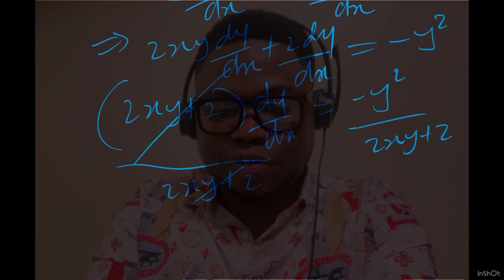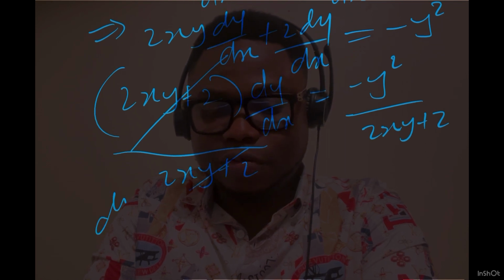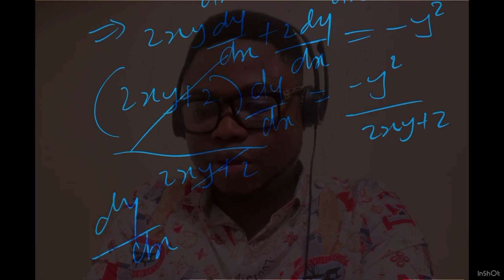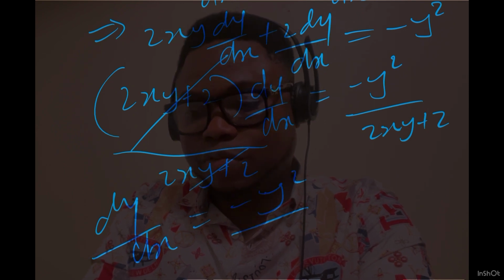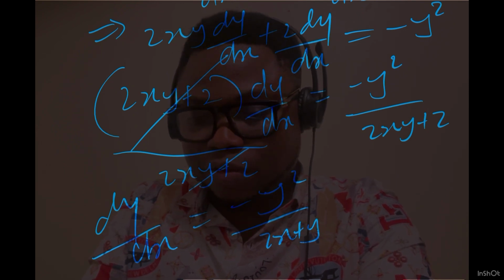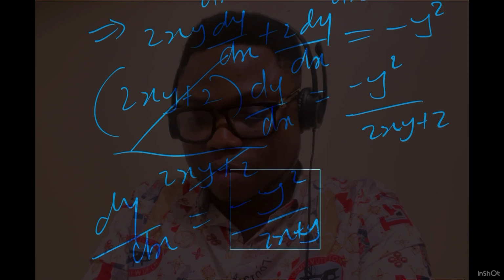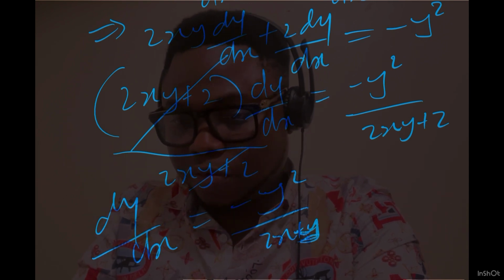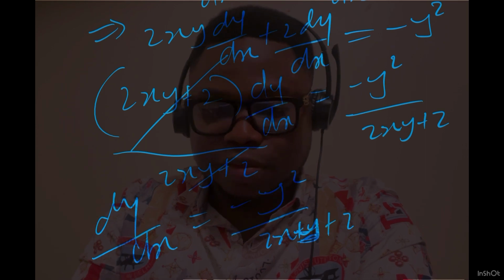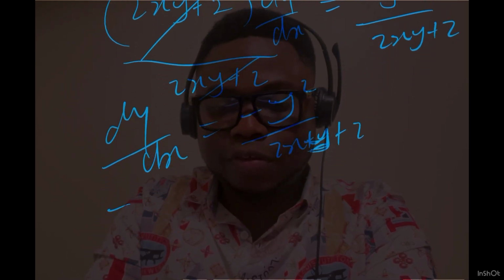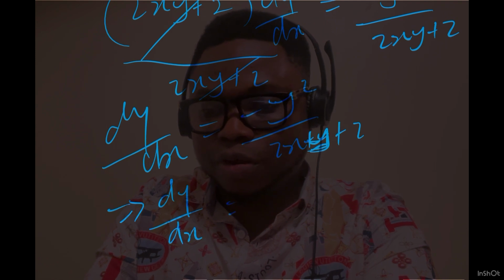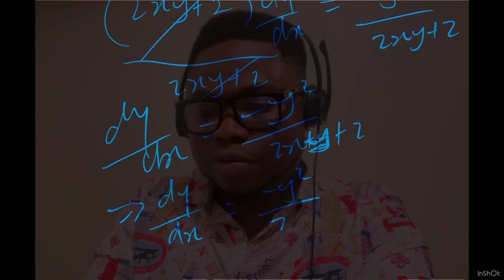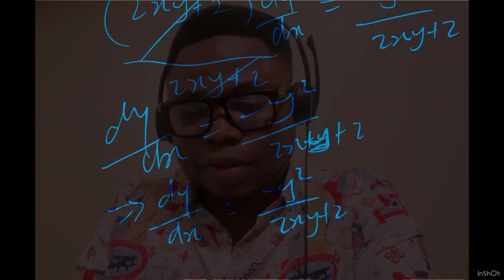So I'll have dy over dx is equal to minus y squared over 2xy plus 2. So in this case, the value of dy over dx is equal to minus y squared over 2xy plus 2. So that is the answer.